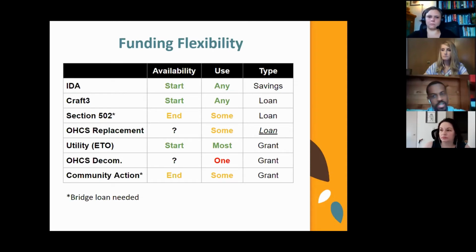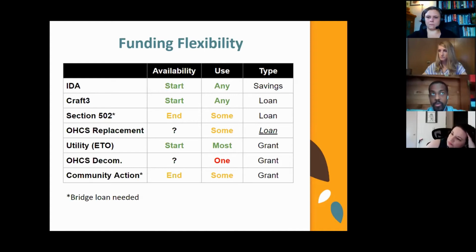I have ETO there because they're the main utility partner, but Umatilla Electric Co-op is also participating and will get some funding, as well as a few others. And we have the OHCS decommissioning grant. Decommissioning is just a fancy word for demolishing or removing the old home. Similar to the replacement loan, we're not quite sure when a resident or applicant will be able to use that money, but it only has one use, and that's taking the home out.